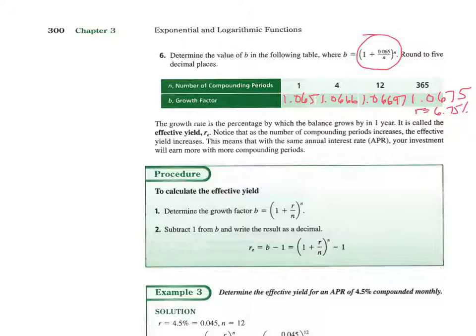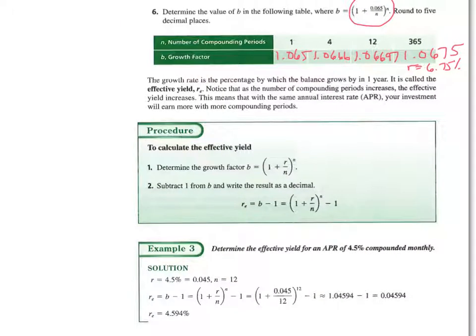Obviously we do have a little bit more. It's not a huge difference, but with a lot of money it does make a big difference. Just notice this little r sub e. That's our yielding, how much interest we're yielding.